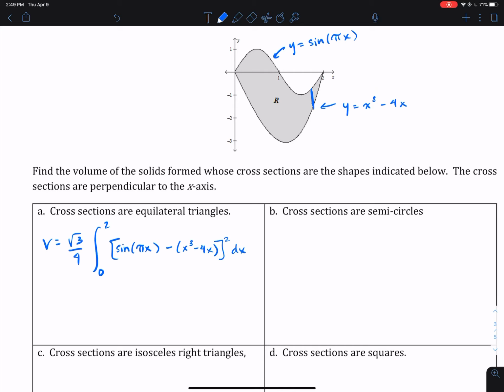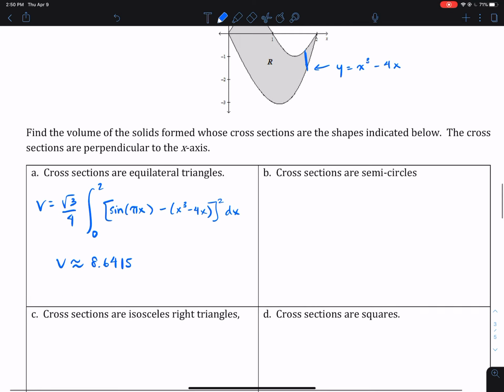Okay. So this is volume. The volume is going to be about 8.6415. Okay.